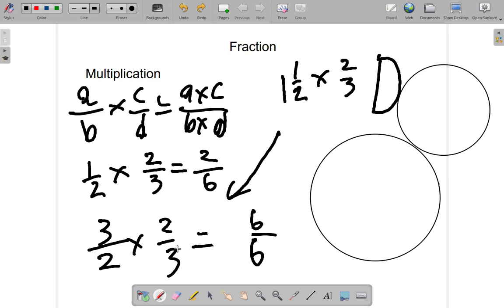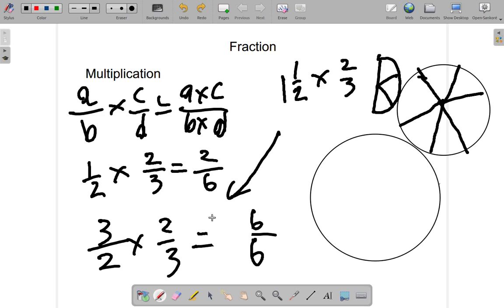You find 2/3 of it. What it means here is that 1 whole circle contains how many sixths? Six equal parts. The half would contain only 3.